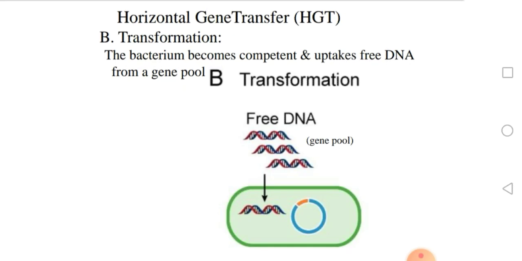Transformation. This is carried out by a competent bacterium. If the bacterium is exposed to stress, it will be competent. How? It will be able to take a gene in the environment, a free gene in nature, in a gene pool. So the bacterium becomes competent and takes up free DNA from a gene pool.